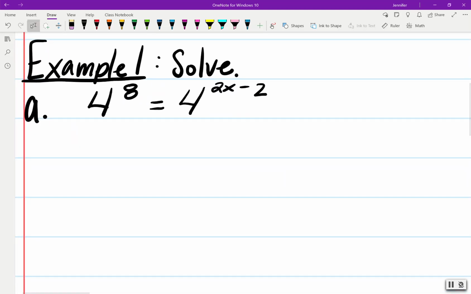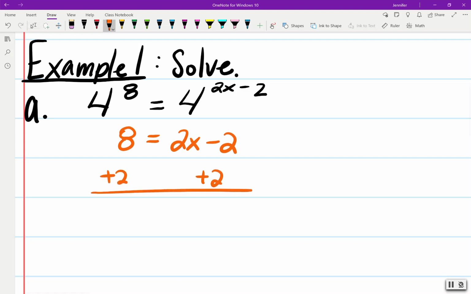They are the same, so if the bases are the same, what that statement says is that we can take the exponents and set them equal to each other and solve.